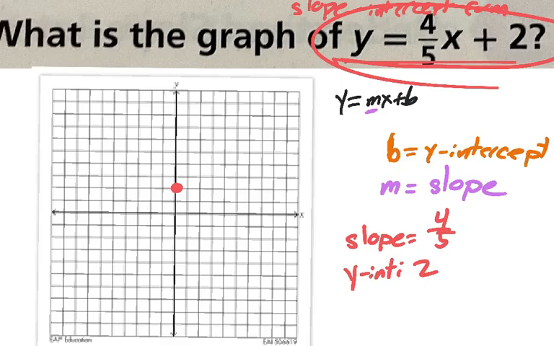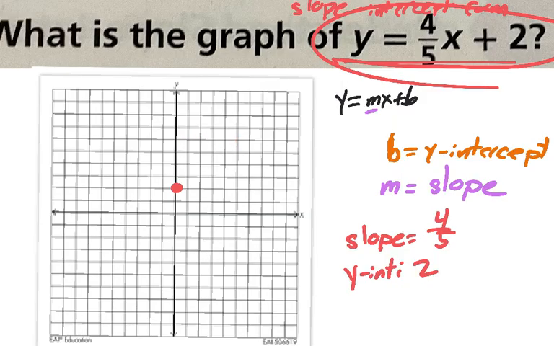Here's the most common mistake I see when people first do this. Where am I rising and running from? The point I already have, the y-intercept. So from this point, the slope is 4/5, meaning I need to rise 4 and I need to run 5.